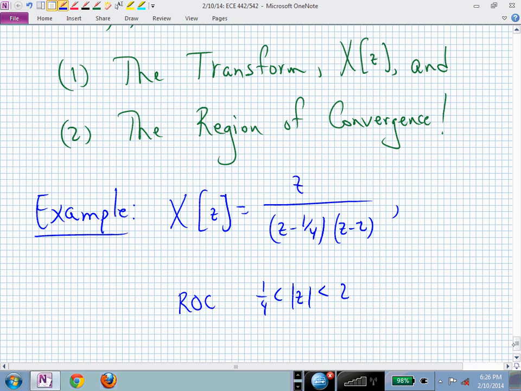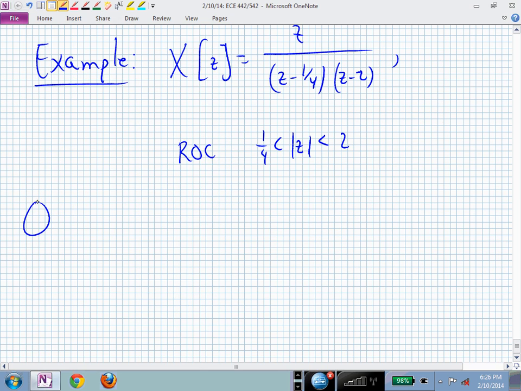Let's answer some questions. I said that your problems on the exam might have multiple parts. Let's look at some questions that have multiple parts, and these you should be able to do in your sleep. So the first question you might ask yourself: the poles of X of z equal what?